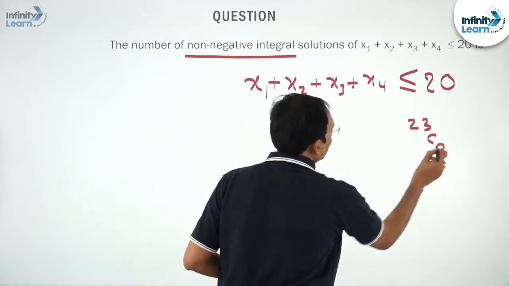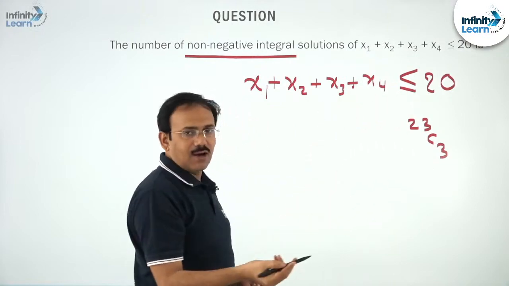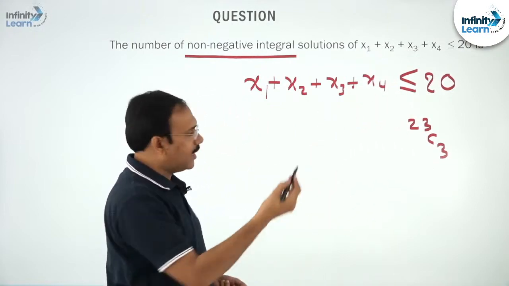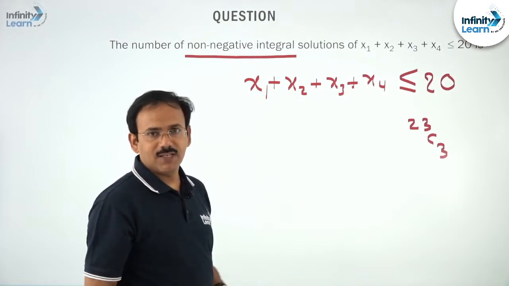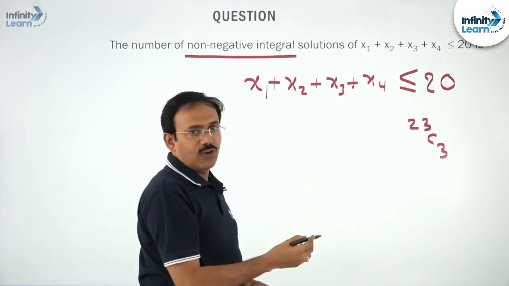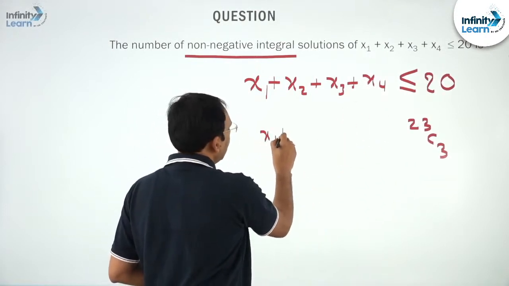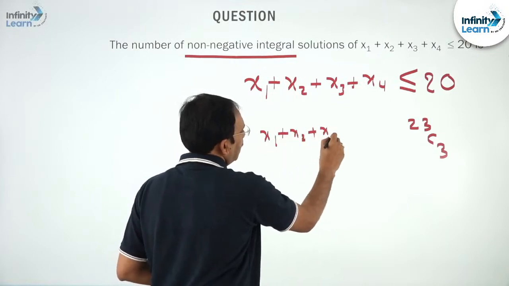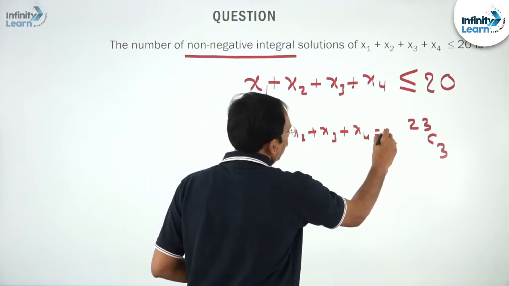23C3 you are going to get, because n plus r minus 1 C r minus 1. Then this is the solution for x1 plus x2 plus x3 plus x4 is equal to 20, right?